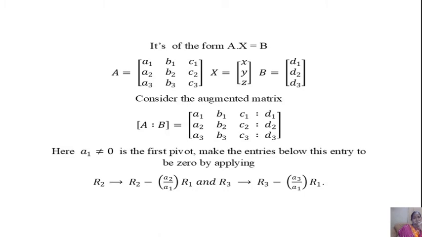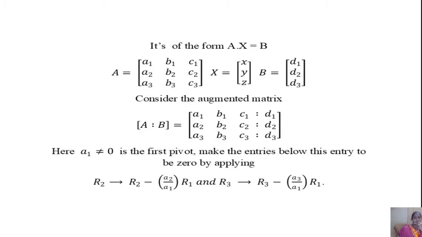Now consider the augmented matrix A colon B. We should choose the first row's first element a1 not equal to 0. If that is the case, we interchange rows, or we divide by that given number so that it turns out to be 1. Now we want to make the second row's and third row's first elements 0.